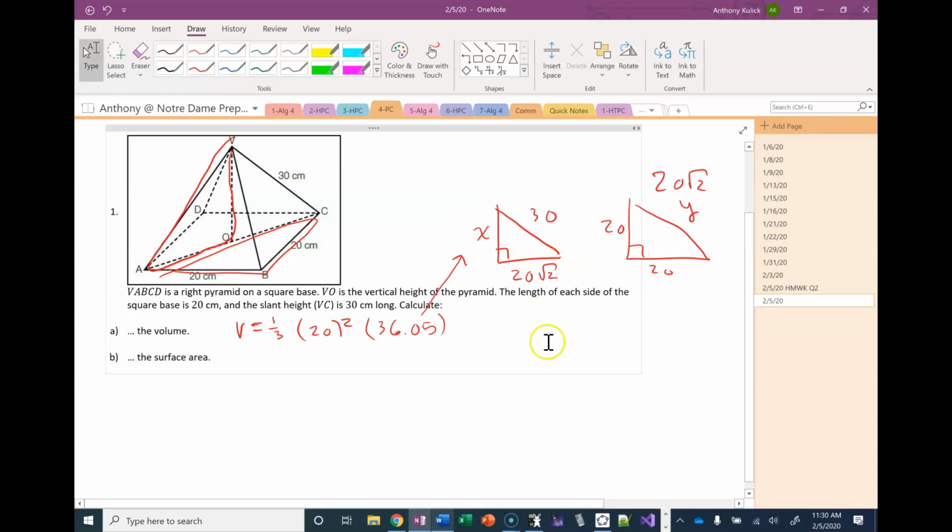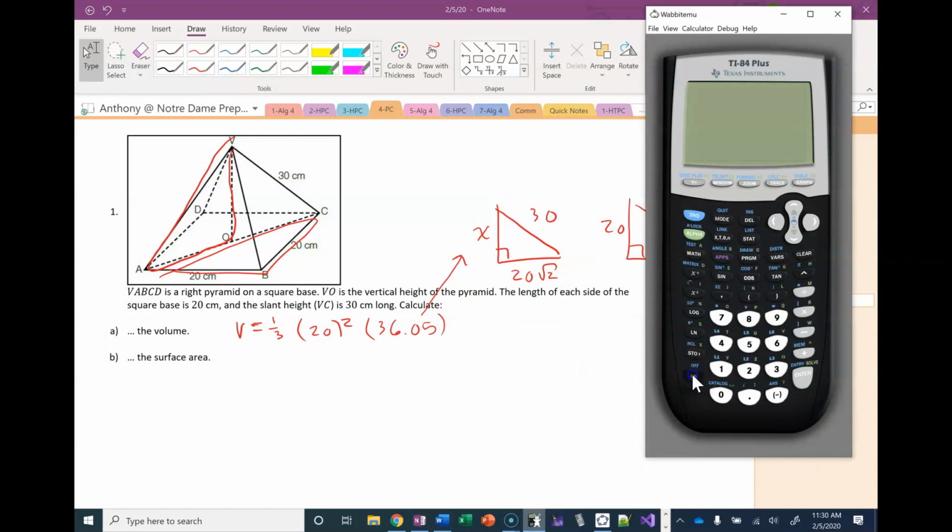Let's check that real quick then. Square root of 30 squared minus parenthesis 20 root 2 squared, oops, I should do 30 squared minus, right? So that should be 10.